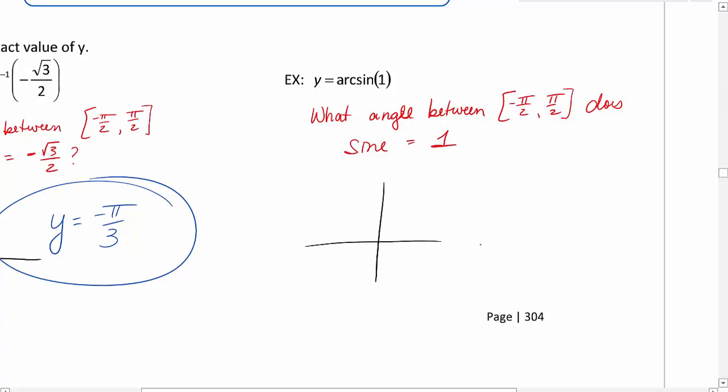I'll draw myself a picture. Sine is 1 at only one place on the unit circle, right here. And to label that in between negative pi over 2 and pi over 2, we get y to be equal to pi over 2.